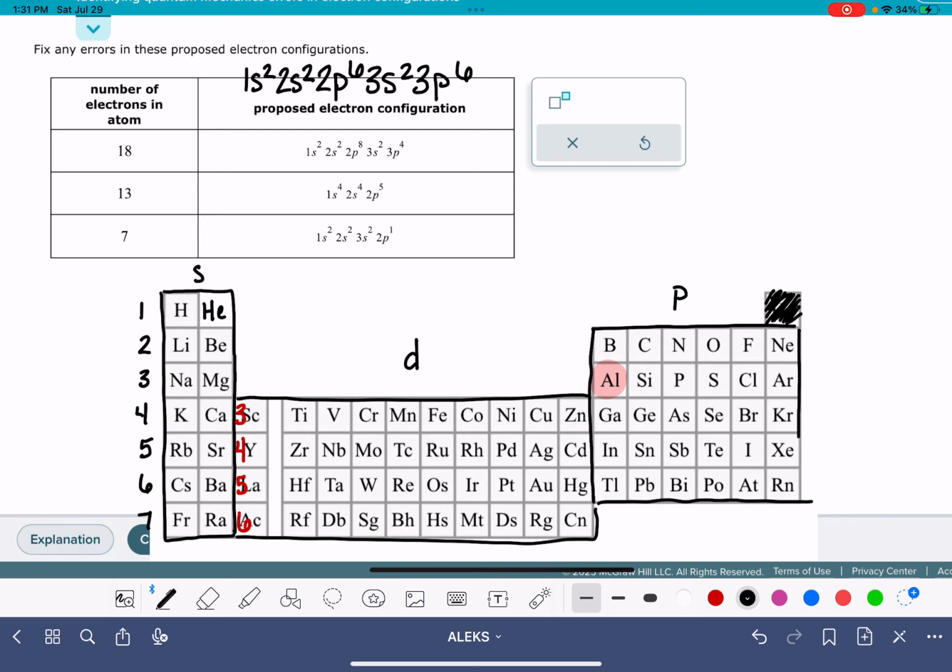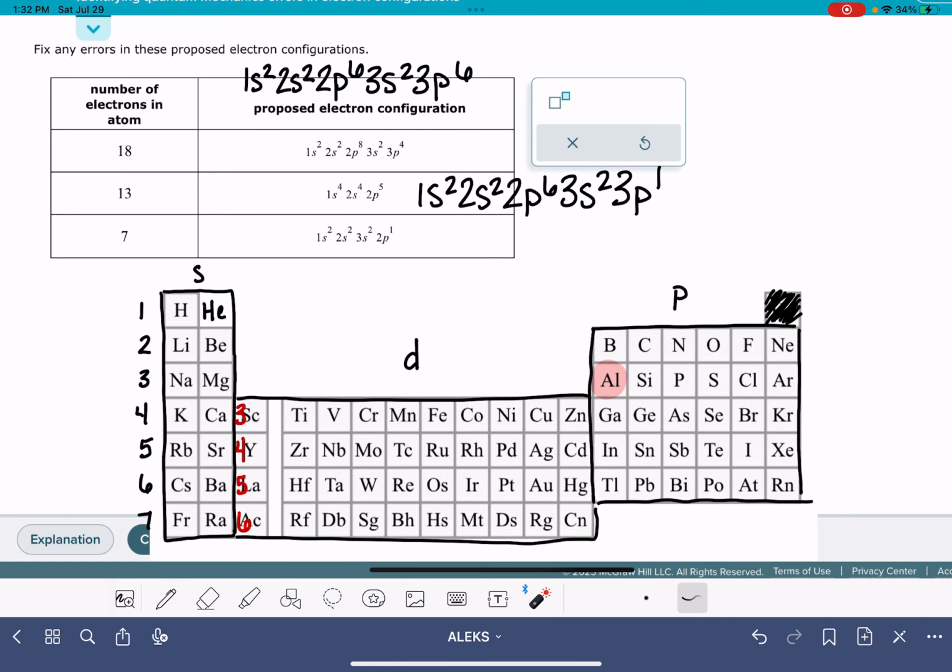For the electron configuration for aluminum, starting at hydrogen, which is 1s, we've got 1s2, 2s2, 2p6, 3s2, and 3p1 is where this one's going to stop. So 1s2, 2s2, 2p6, 3s2, 3p1. I realize I'm writing that next to the wrong element.